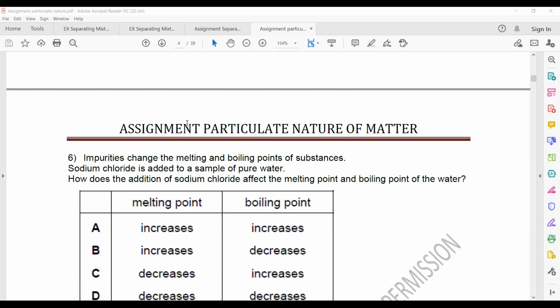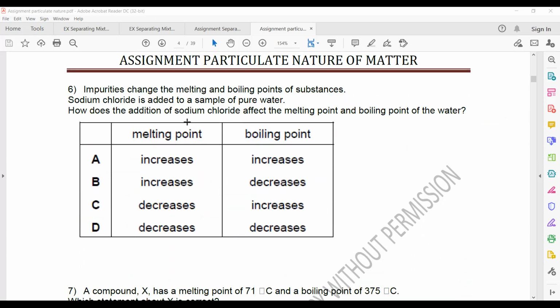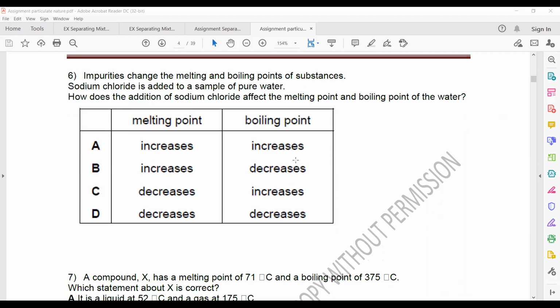And another question, question 6. What could be the right answer for question 6? Impurities change the melting and the boiling point of a substance. Sodium chloride is added to a sample of pure water. How can the addition of sodium chloride affect the melting and the boiling point?